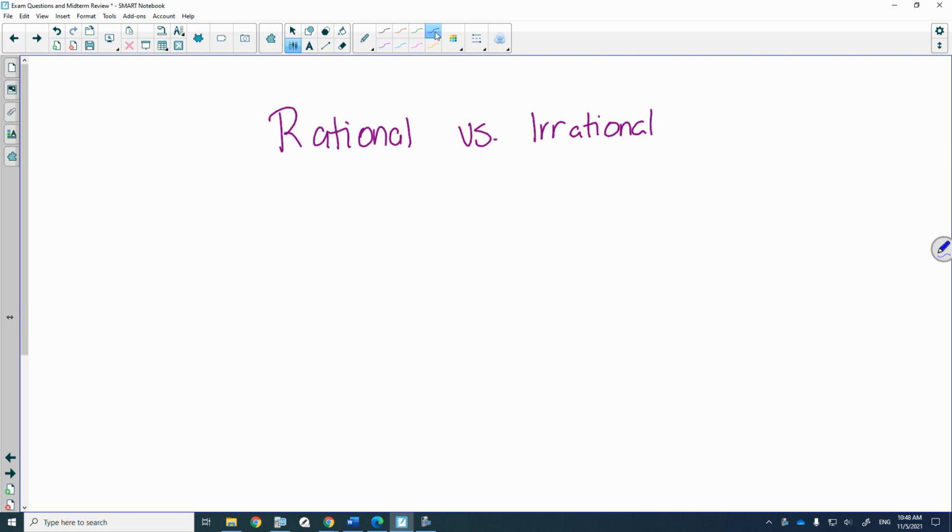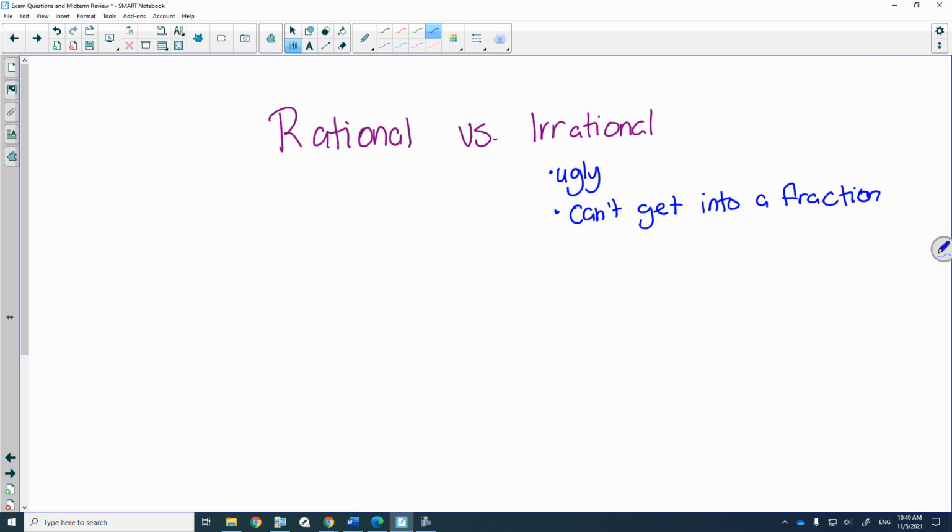I called irrational numbers ugly numbers, but what it is, an irrational number you could never get into a fraction. So basically, if you try to make it into a fraction, it will not work.